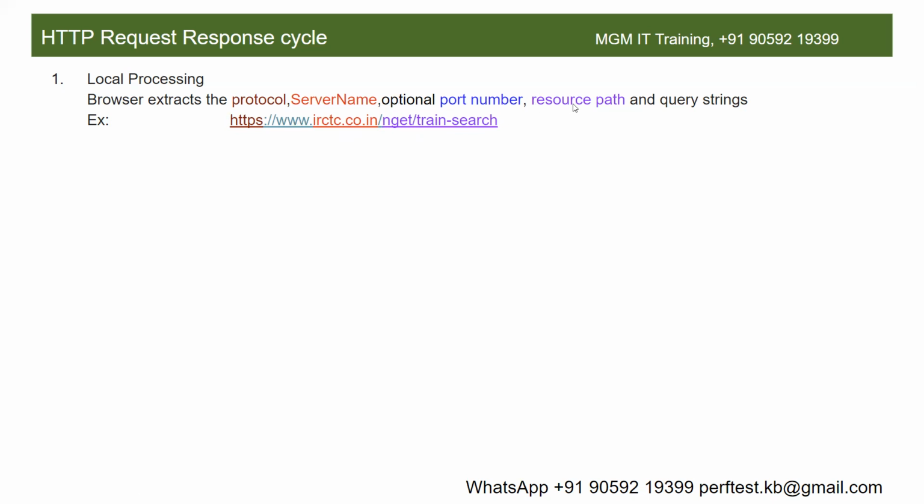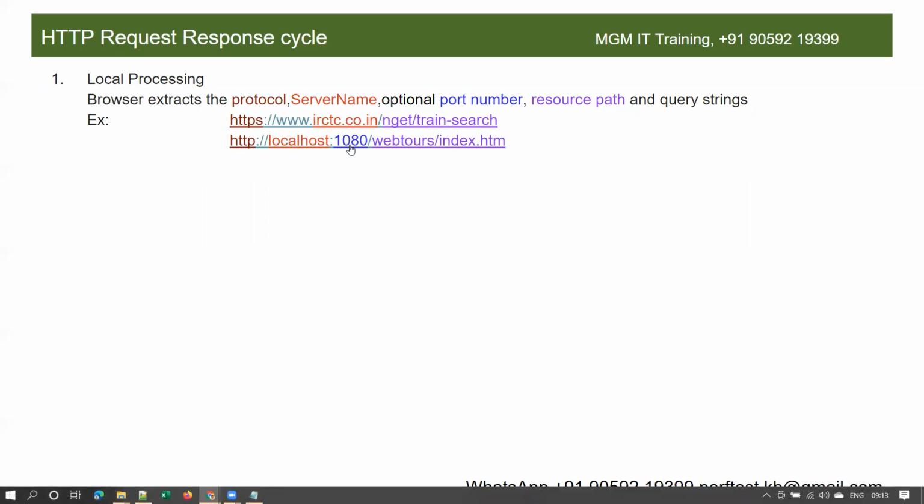You will understand what is meant by resource path clearly with an example when you install the sample application. This is one more URL, and observe that this URL has a port number of 1080. Now let's understand what is meant by port number. This is a software port, not a hardware port on your computer. Whatever server you send a request to will be listening on a particular port number on a computer.